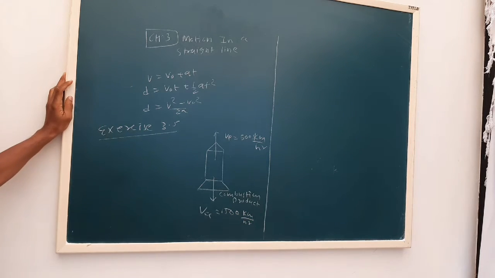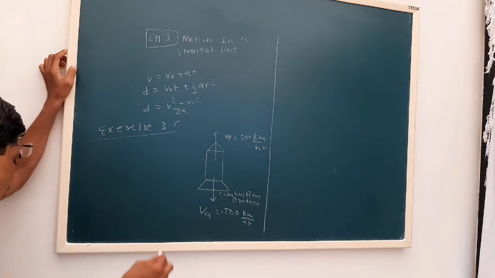Now, what is the speed of the latter, that is the combustion product, with respect to an observer on the ground?